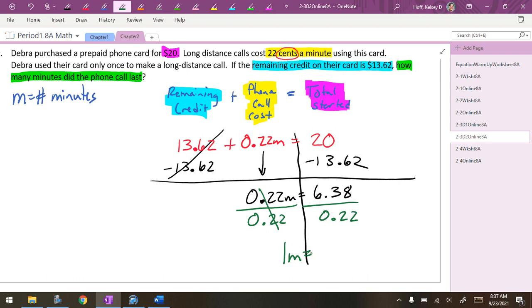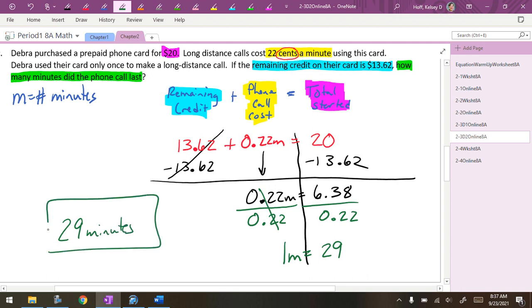What'd you get, Miss Caitlin? 29. Anybody else get 29? Okay. What does 29 stand for? What label are we going to put on that? Minutes. 29 minutes.